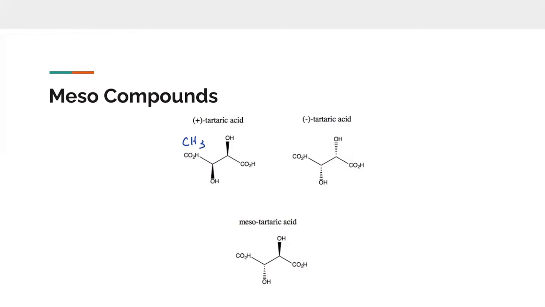But essentially, it's the same concept that we just saw. When we rotate around this bond right here by 180 degrees, we will see that these two molecules will not be identical.